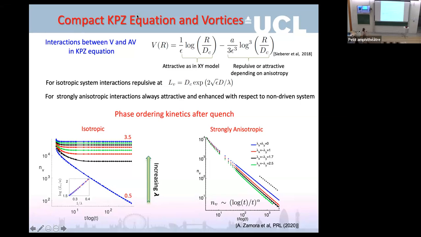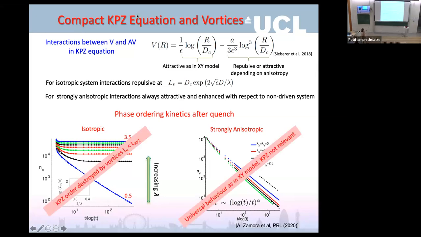So despite these approximations, actually, they got this potential quite well. Okay, so it might mean quite pessimistically, because here the universal behavior as in XY models is something that we know and maybe are not so excited about anymore, and here it is destroyed by vortices at this length scale.